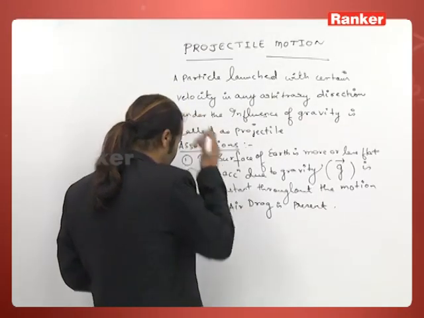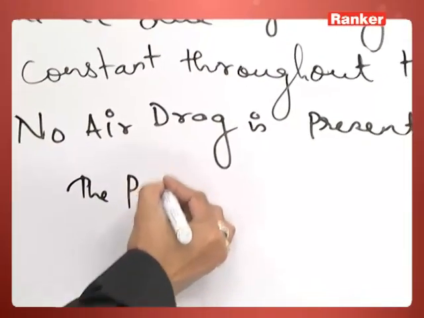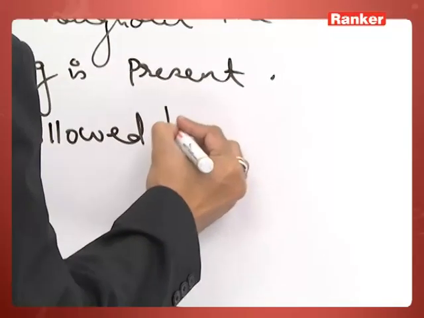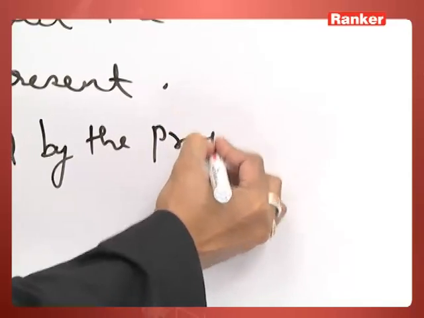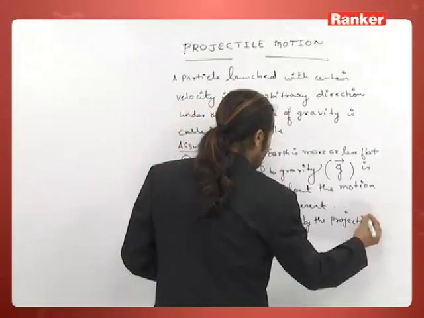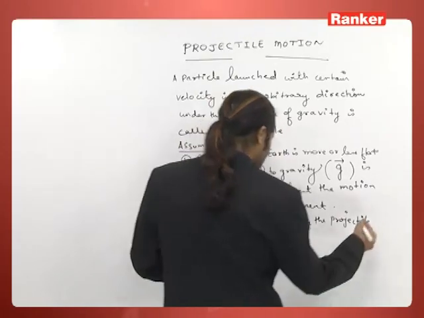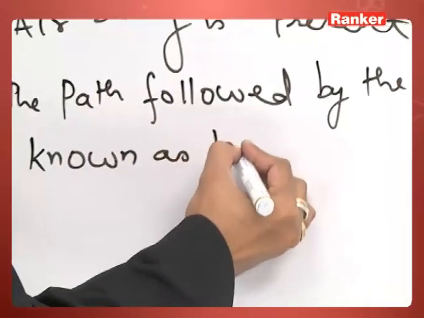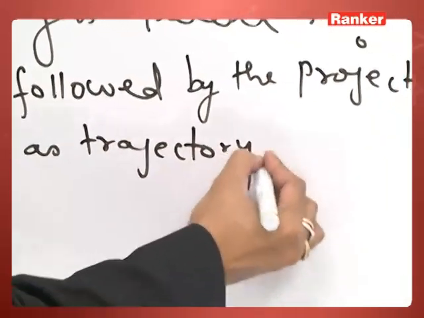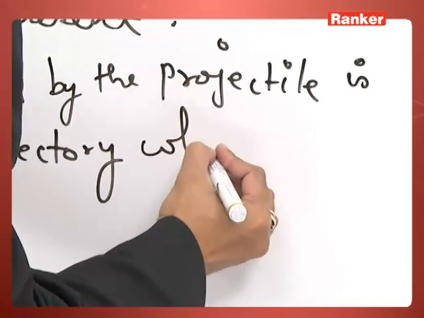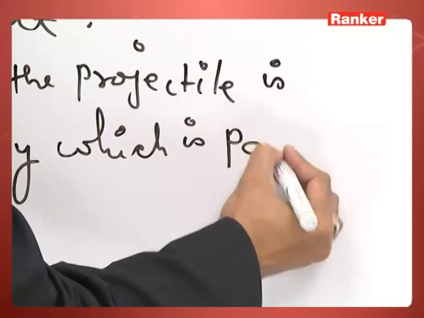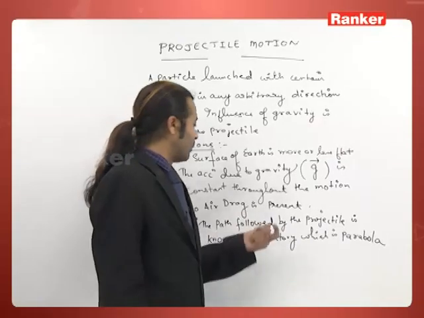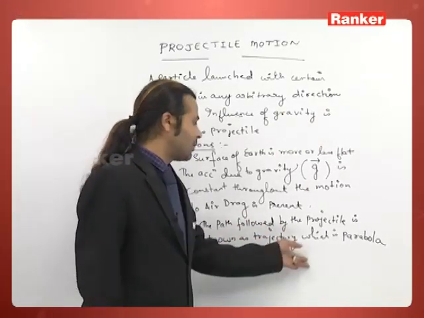So the path followed by the projectile is known as trajectory, which is a parabola.